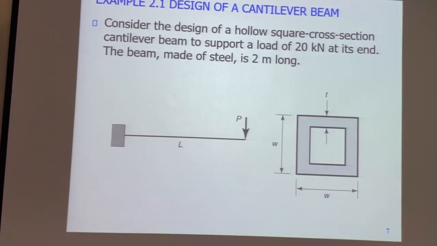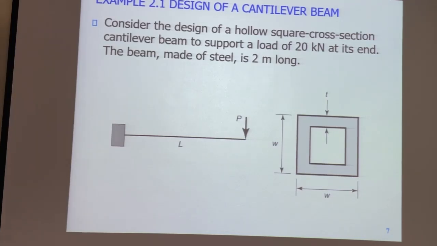Okay, so we have a problem. So this is the problem description. Could you read this? Consider the design of a hollow square cross section cantilever beam to support a load of 20 kilonewton at its end. The beam made of steel is 2 meters long.